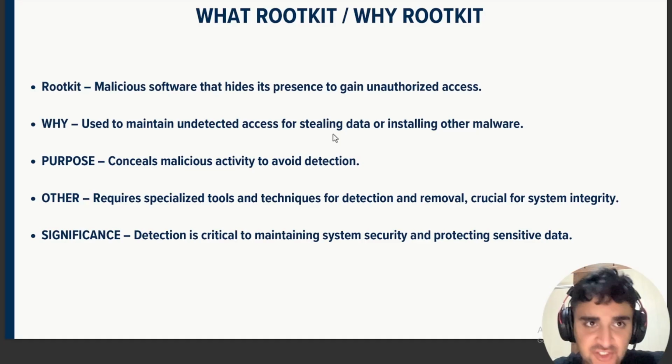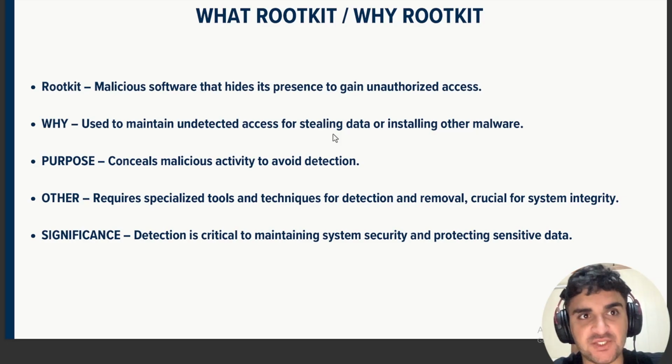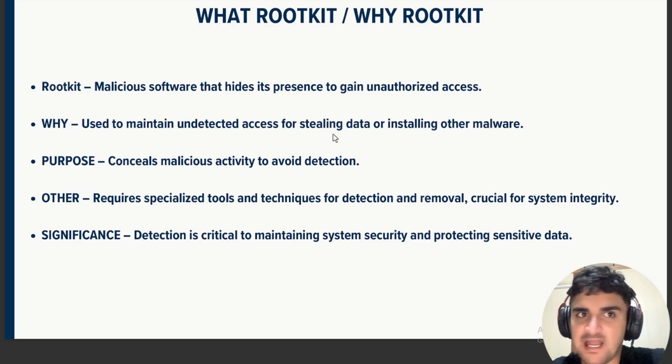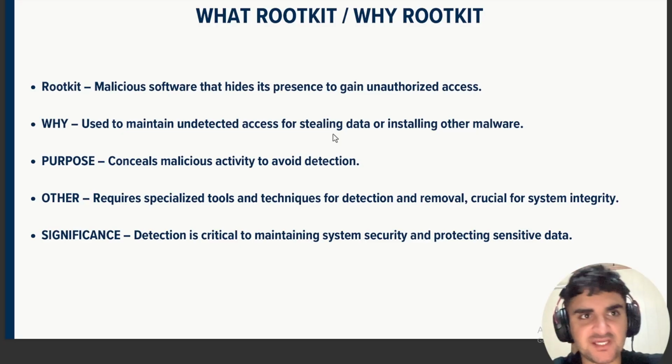Well, each type of malware may have a loader, downloader, or stager mechanism to stay undetectable on your machine, or have multiple backdoors to evade detection, and a rootkit is one of them. The rootkit also conceals malicious activity to avoid detection.